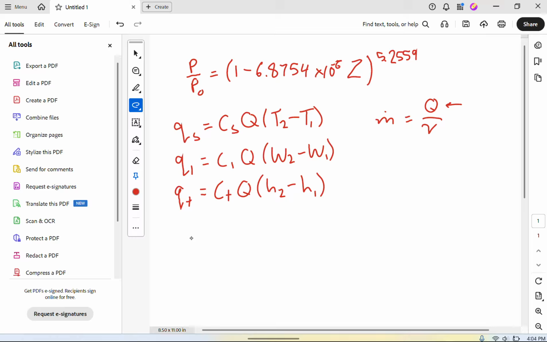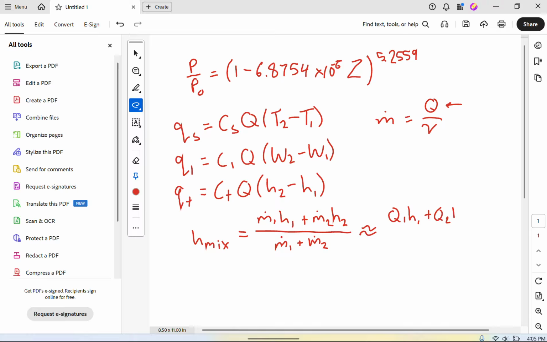So determining your mixed air values for H and for W, we can take H to be equal to M1 H1 plus M2 H2 over M1 plus M2, and that is approximately equal to Q1 H1 plus Q2 H2 over Q1 plus Q2.